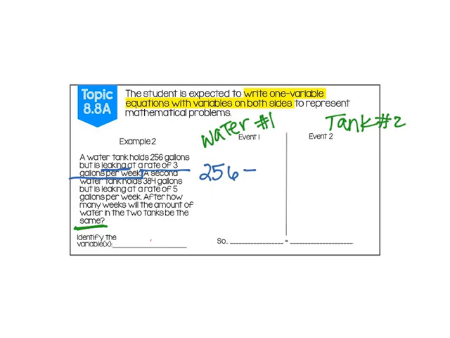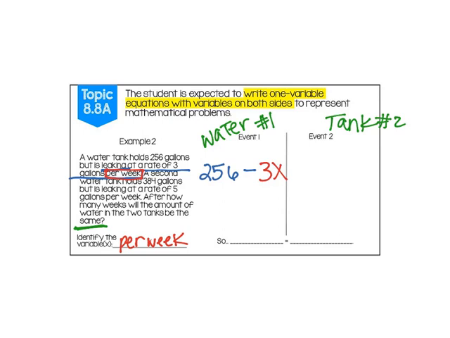And then at a rate of 3 gallons per week. It doesn't tell us how many weeks, it just says per week. So that's our variable. That's what is changing, per week. That's the unknown. But since it says 3 gallons per week, we know that we're multiplying. So this would be 3x.